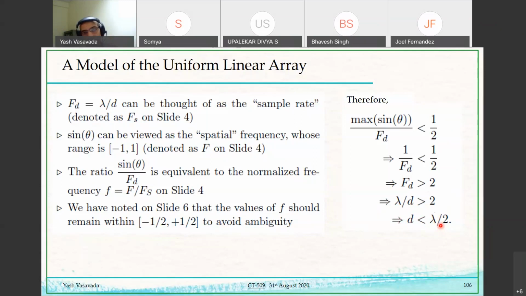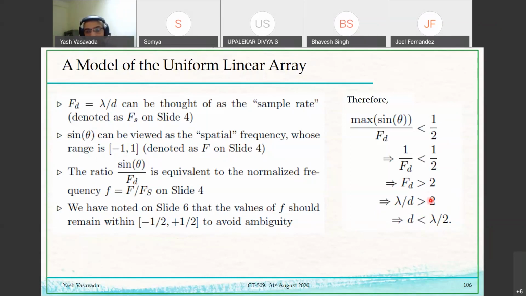If we do that, then we will have the same aliasing problem that we had seen in the context of time domain. Specifically, our spatial frequency will get aliased. Spatial frequency is the sine of theta. And so if sine of theta gets aliased, the only way it can happen is if theta is getting aliased. But theta is, remember, our direction of arrival.